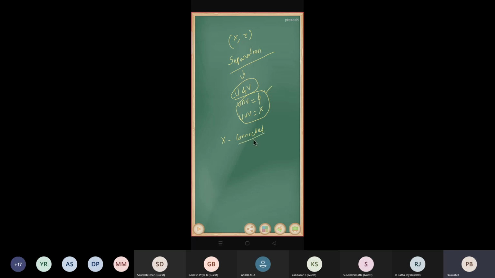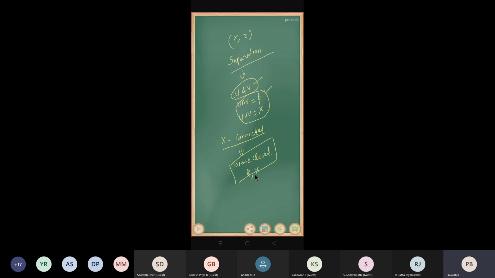There is one more equivalent definition: X is connected if and only if the only sets that are both open and closed are empty and X, right? We can prove this from the separation definition, right?